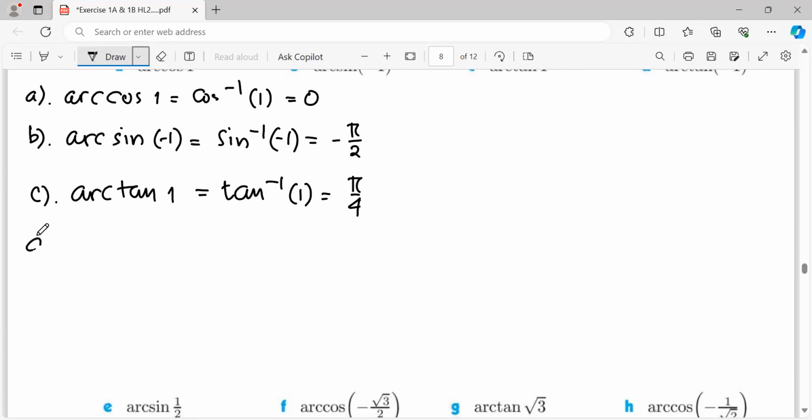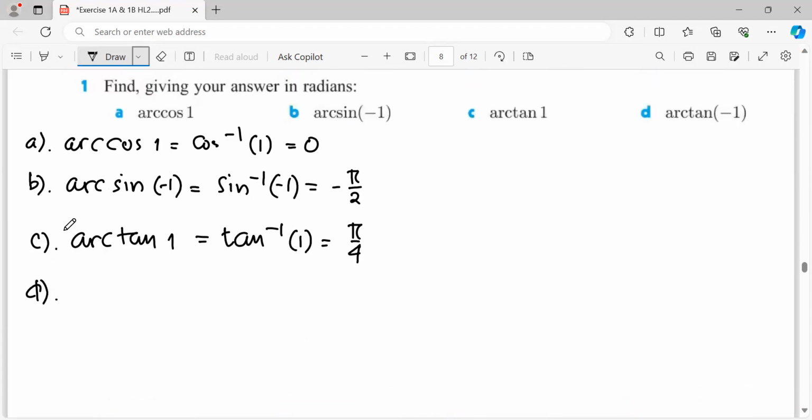D. Arctangent negative 1 equals tangent to the power negative 1, or inverse tangent. Tangent of how much equals negative 1? Tangent of minus pi over 4.